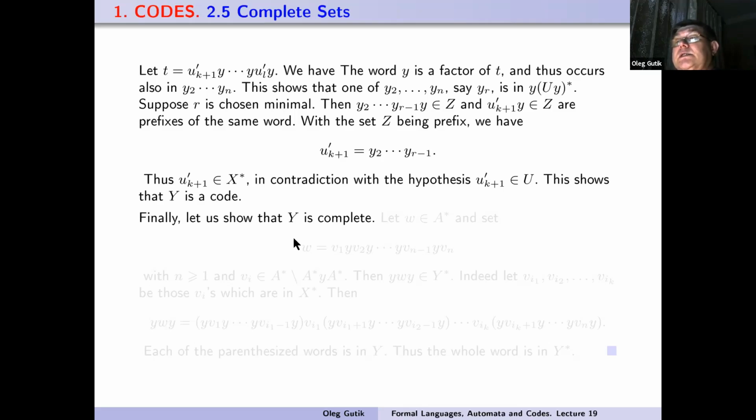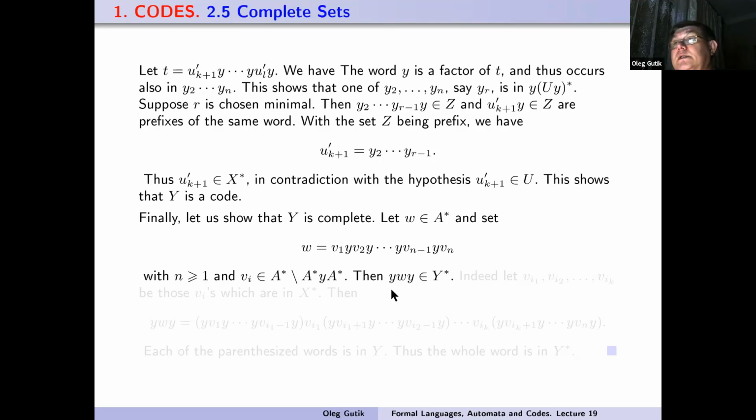Finally, let us show that the code Y capital is complete. Let w be a word from the monoid A capital star, and set w is equal to y v1 y v2 y, and so on, v_{n-1} y vn, with n a positive integer and vi belonging to the set A capital star without X capital star y A capital star.